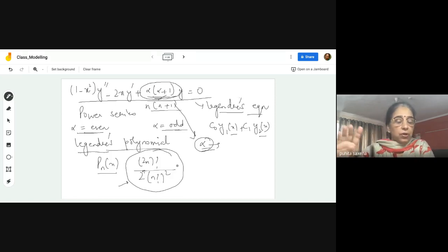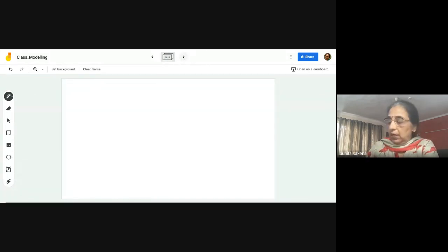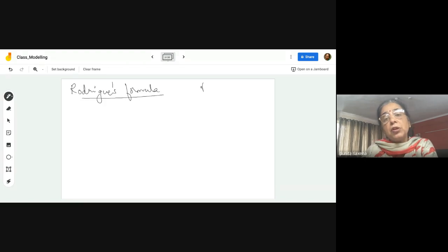Instead of going directly into that, Rodrigues, another person, came up with a better and simplified formula to compute the Legendre polynomial of order n. So we now have a general, simplified formula to compute P_n(x).